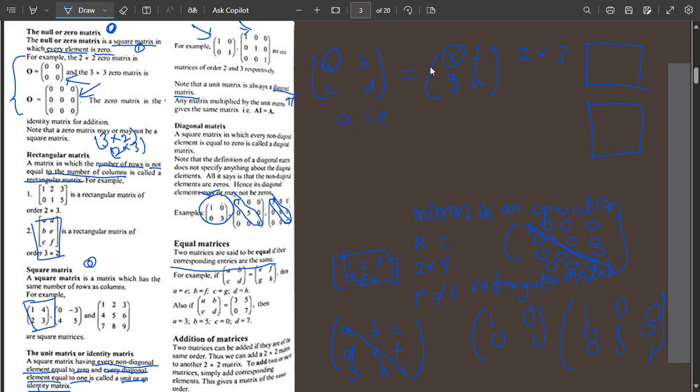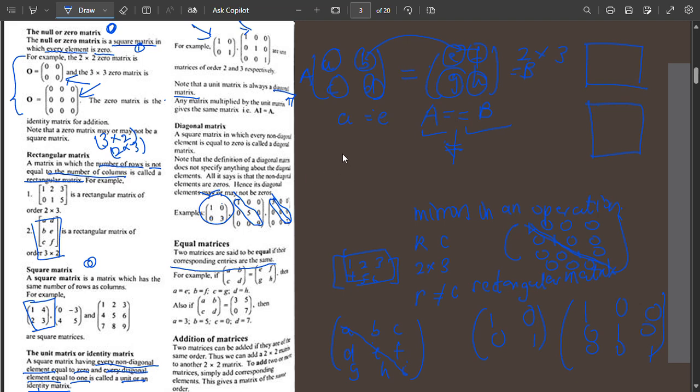A is equal to E, C is equal to G, D is equal to H, and B is equal to F. Let's say this is matrix A and this is matrix B. For A to be equal to B, A should be equal to E, B should be equal to F, C should be equal to G, and D should be equal to H.